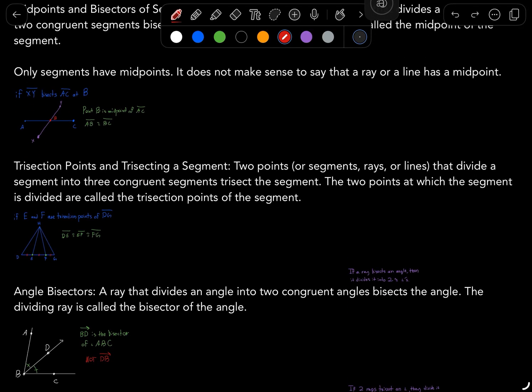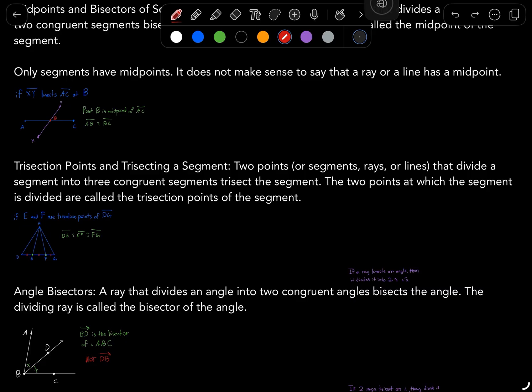All right, moving on from bisectors, which divide something into two congruent parts, we have trisectors, and it's really similar logic. Instead of dividing something into two congruent segments, you're dividing something into three congruent segments. So two points that divide a segment into three congruent segments trisect the segment.